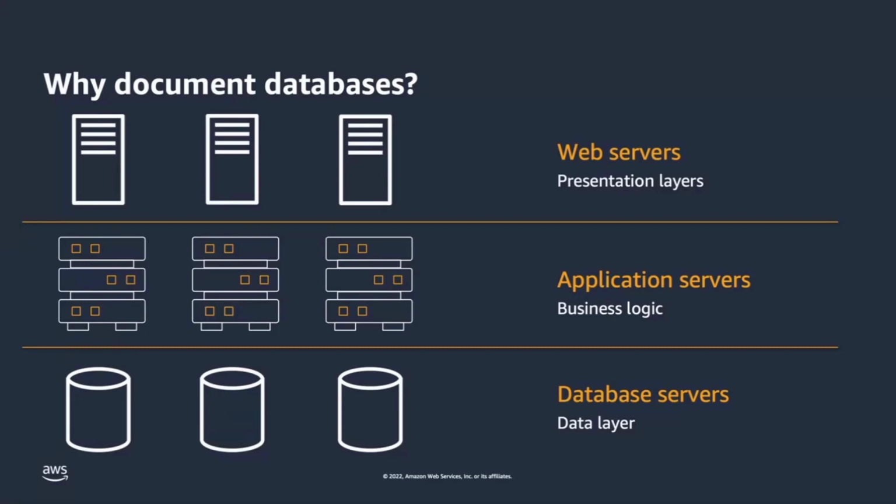In these types of architectures, many times we see that the data layer relies on relational databases and rigid schemas. Now, while the application is split out into these separate tiers, it is still monolithic to an extent, because each application has its own presentation layer, application layer, and data layer that are deployed together.